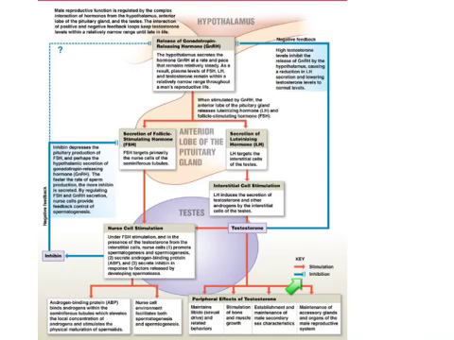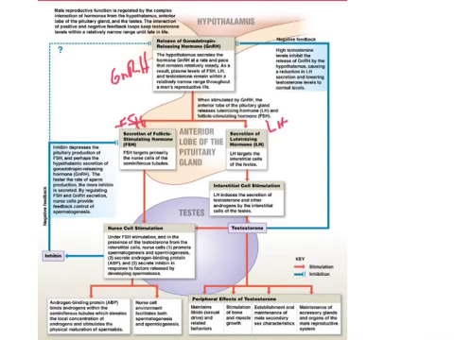So you start up here with GnRH, gonadotropin releasing hormone, and that's released from the hypothalamus. GnRH triggers the release of FSH and LH from the anterior lobe of the pituitary. So GnRH triggers FSH and LH.